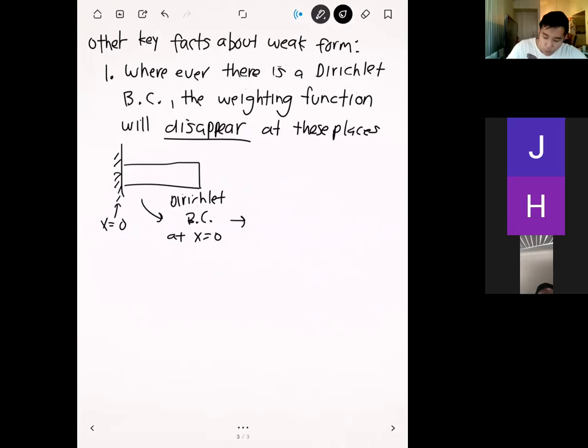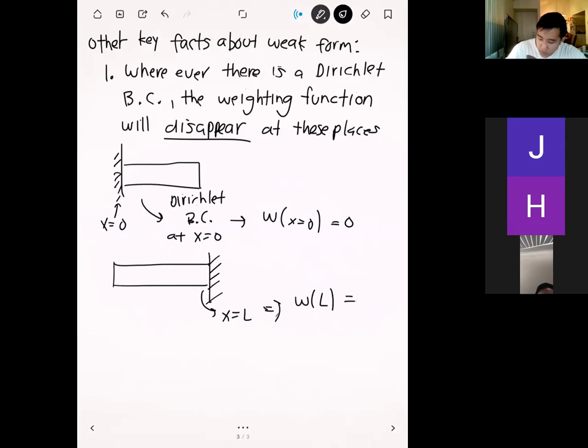What that means for our weighting function is that W at x is equal to 0 has to be 0. But if you had a situation that looked like this, where our fixed condition is at x is equal to L, this tells us that W at L has to be equal to 0.